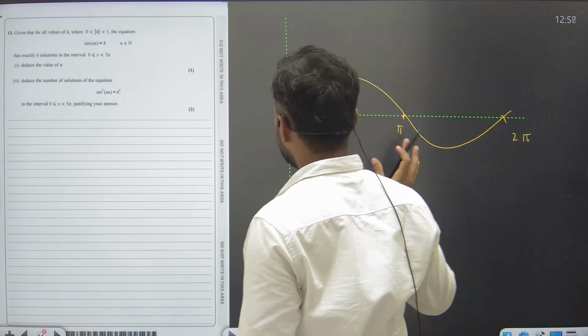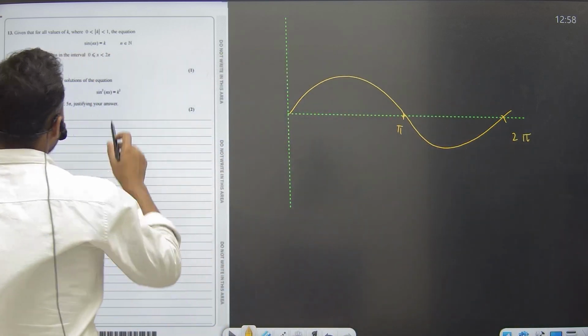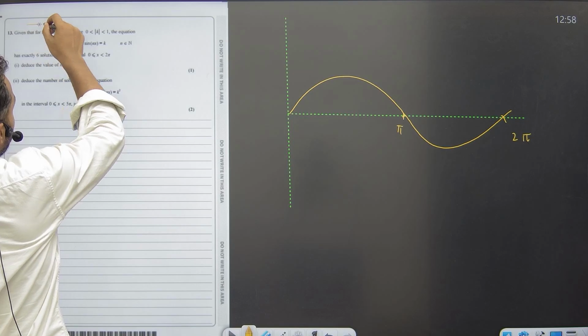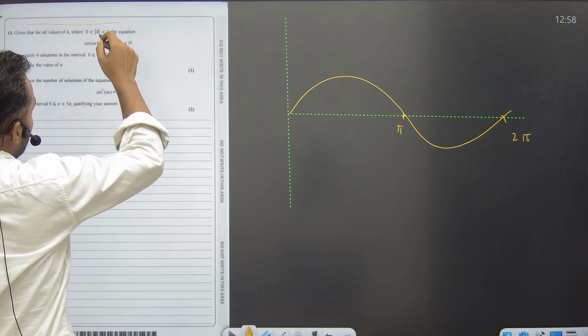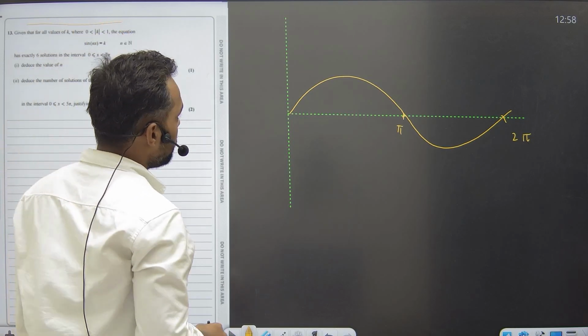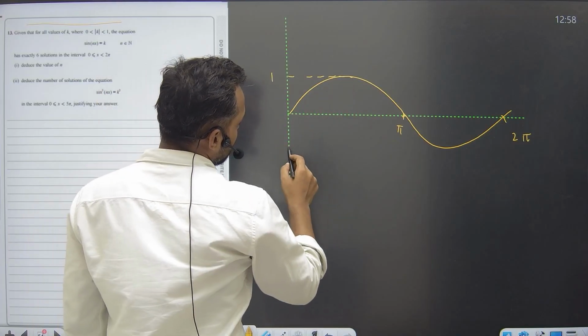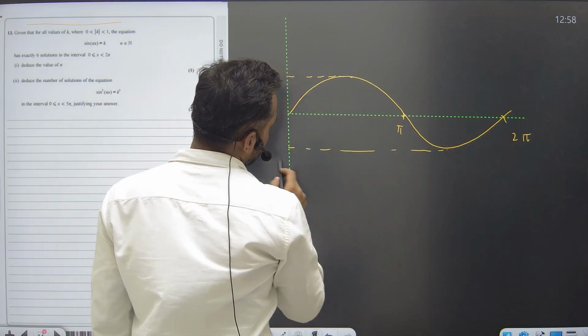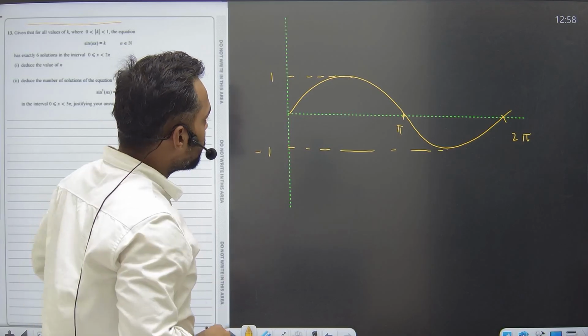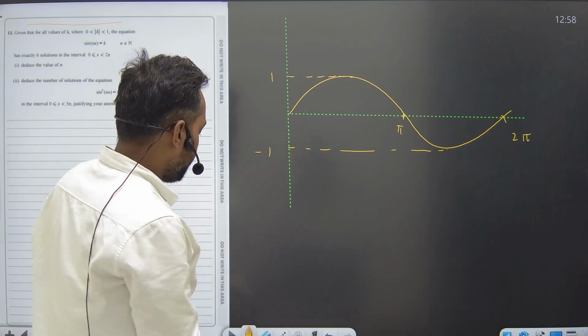This is the graph of sin x. In the question, it is given that for all values of k between 0 to 1, k is lying between 0 to 1. This will be 1 and this will be negative 1.